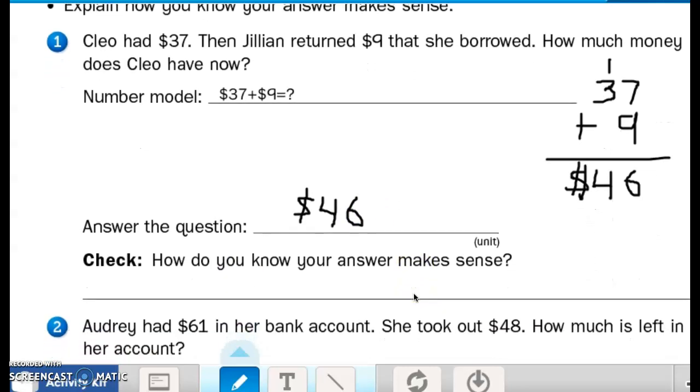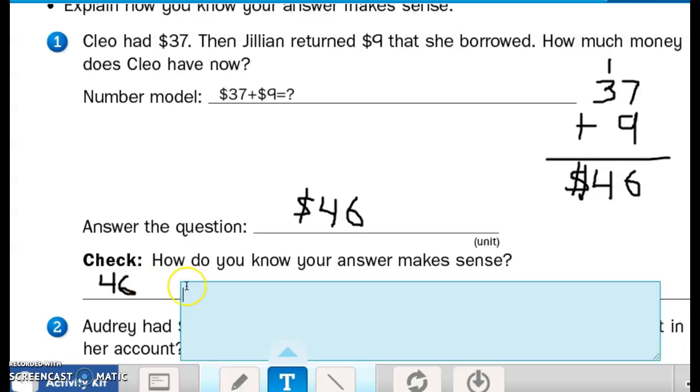How do you know your answer makes sense? I know that my answer makes sense because 46 is more, and I'm going to type this out. I think it's going to be easier for me. 46 is more than 37.